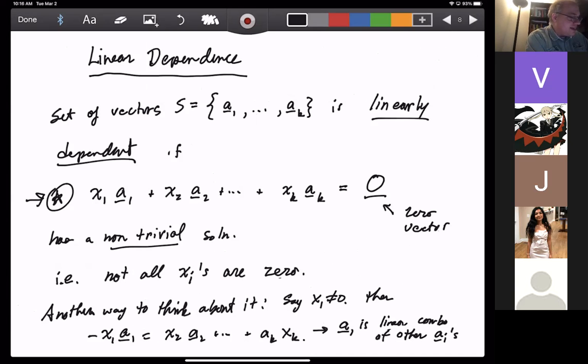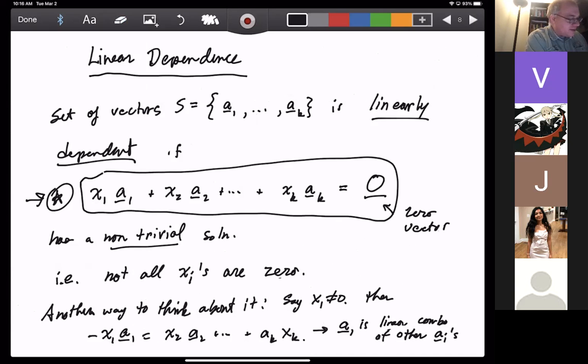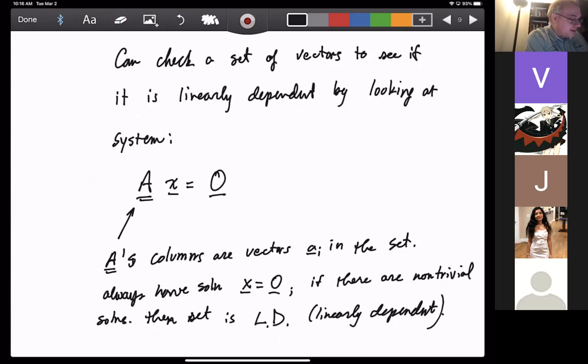Well, if that's true, then any multiple of that combination of vectors is also the 0 vector, right? If I took this equation and multiplied through on each side by some scalar, I'd have different coefficients on the left, but any scalar times the 0 vector is still the 0 vector. That's really what's going on. Any multiple of a homogeneous solution is also a homogeneous solution.